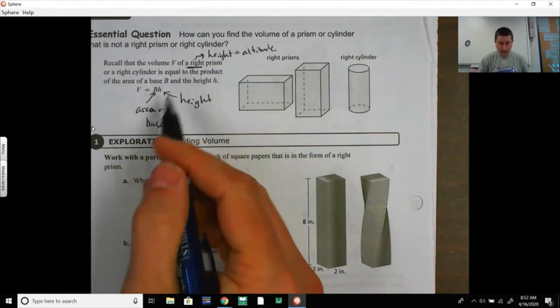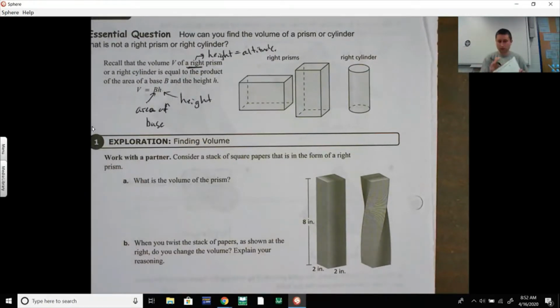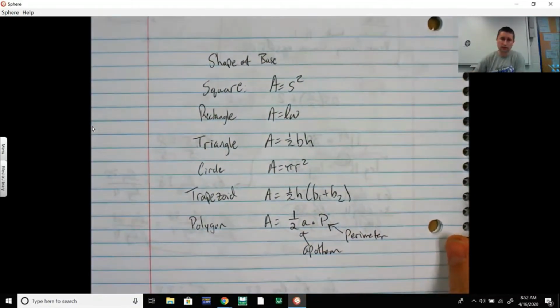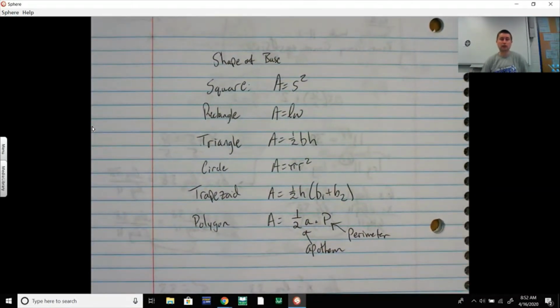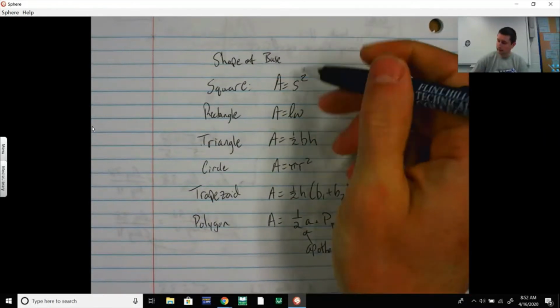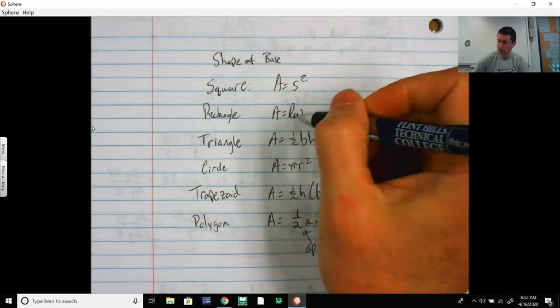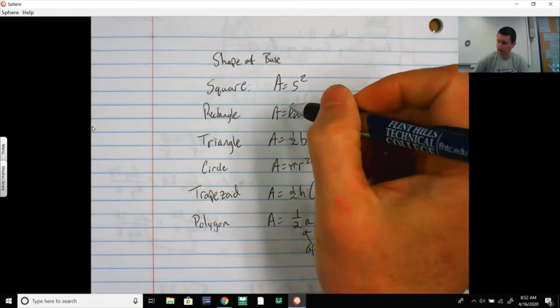So the area of the base, I wrote down a lot of the ones you'll probably remember, but these are the shapes that you're going to have. You can have a square prism, usually called a rectangular prism, or a cube. A square prism could be a cube, may not be. So the area of the base would be s squared for a square, length times width for a rectangle.